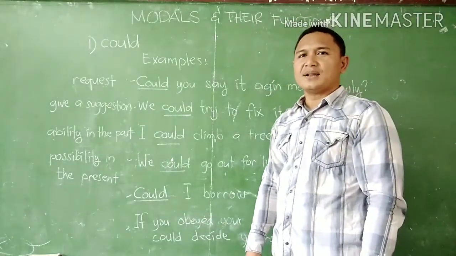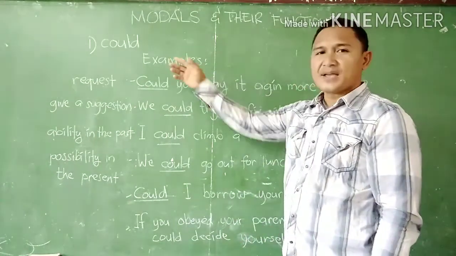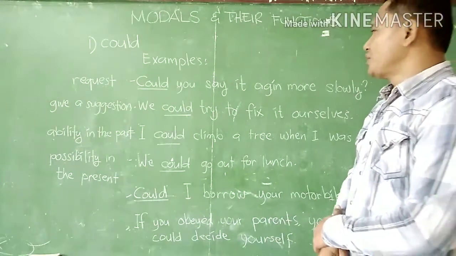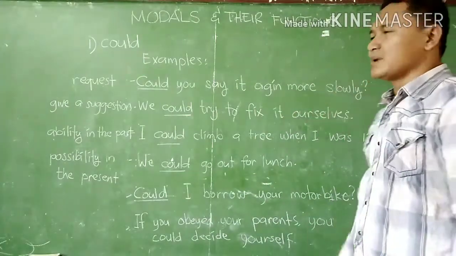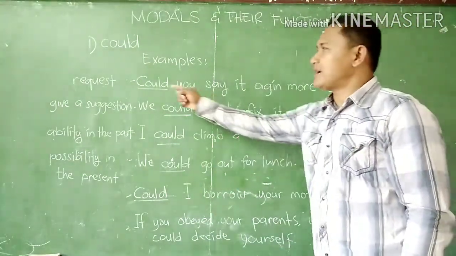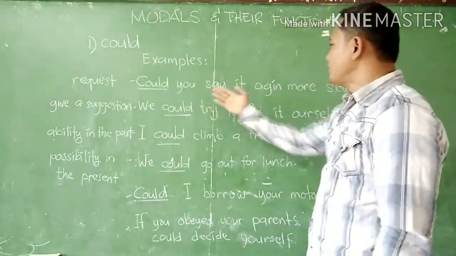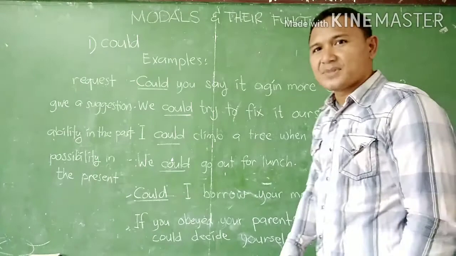The second modal is could. These are the following examples. The first one is, could you say it again more slowly? Could here is underlined because that means request. Could you say it again more slowly?